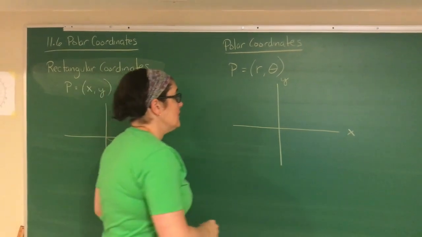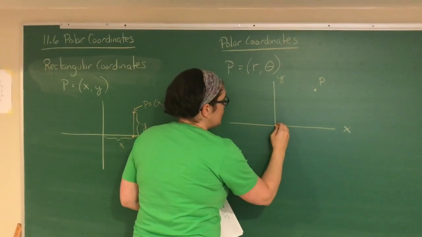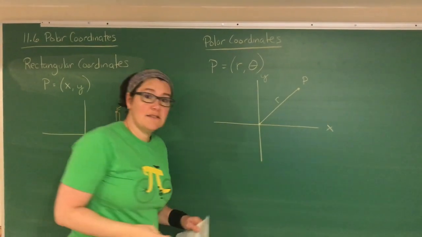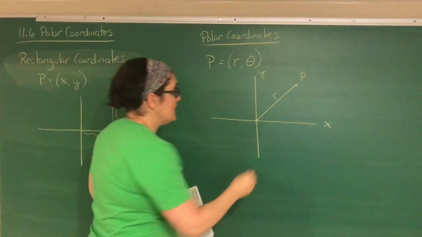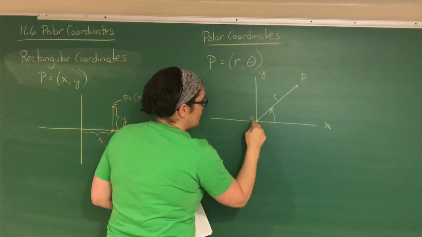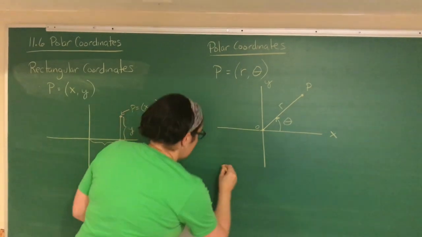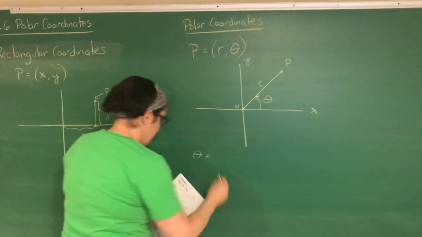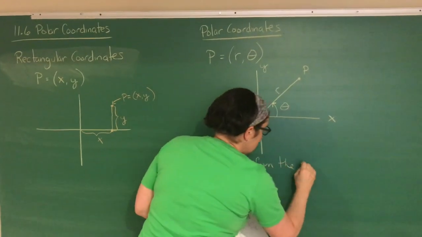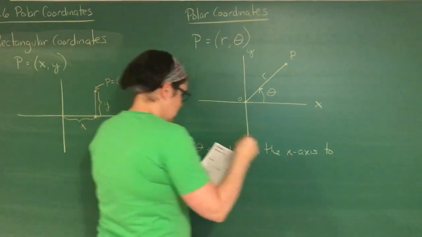But what we measure is we say, okay, here's this point P, and we measure the distance from the origin out to that point. That is our distance r, and the angle from the positive x-axis up to this line segment, which we call OP, that is our angle of theta. And so we can write this specifically as theta is the angle from the x-axis, meaning the positive x-axis, to the line segment OP.